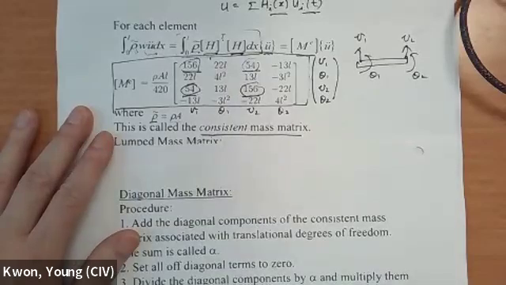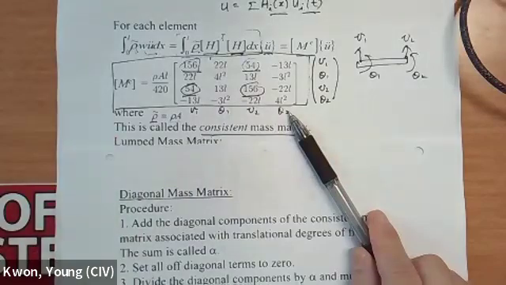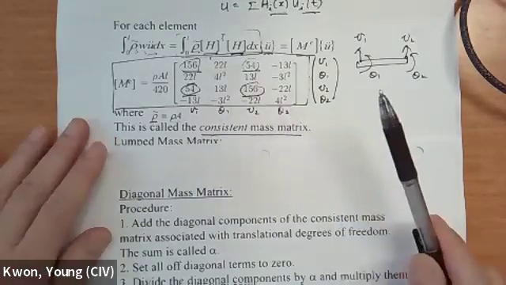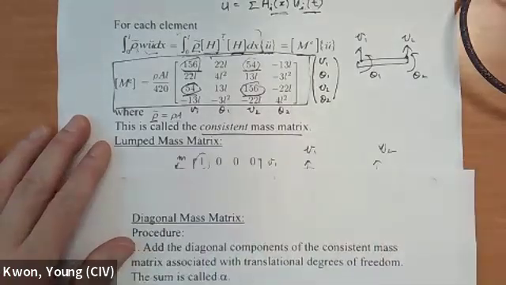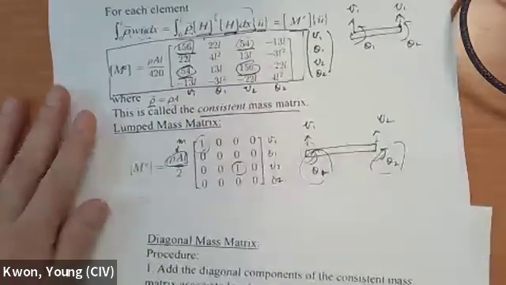But the important thing is conservation of mass, especially linear mass, which has to be conserved in the matrix. So the total mass should be equal to the mass of the element.